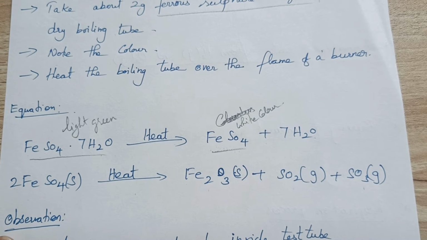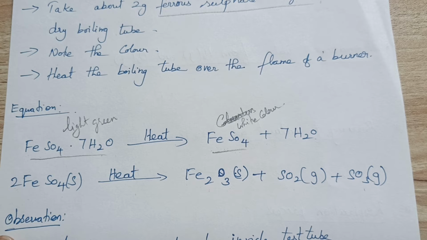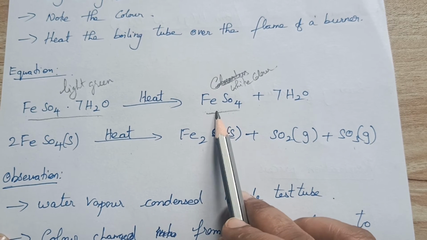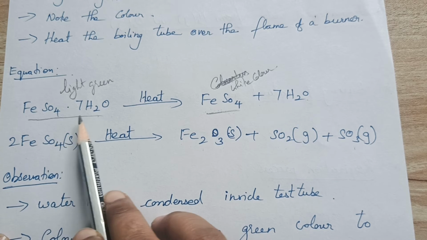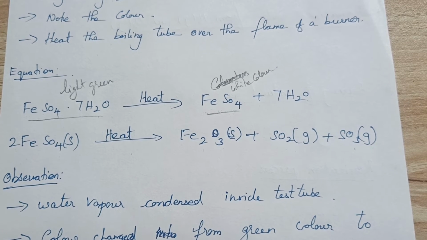Okay, it is already balanced. So ferric oxide plus sulfur dioxide plus sulfur trioxide will be released. What is your observation from this activity? When you heat this, first the crystal water from the FeSO4·7H2O will be removed.